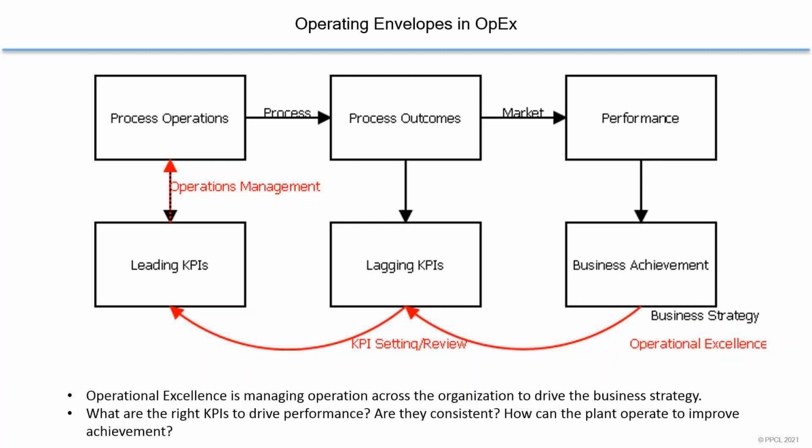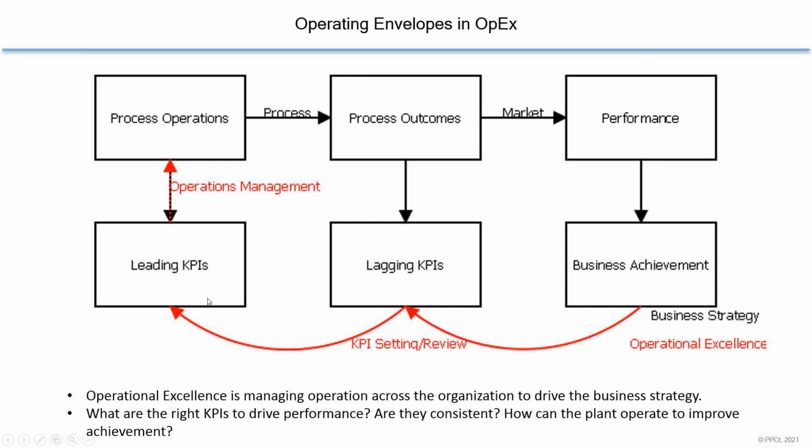Another area is in operational excellence, where we are attempting to drive our process operations, all of the people aligned across our organization, to working toward the business strategy that we've chosen to pursue in the marketplace. One of the ways that we communicate that is through setting KPI targets for continuous improvement throughout the organization.